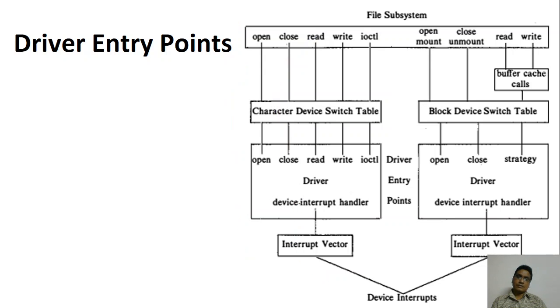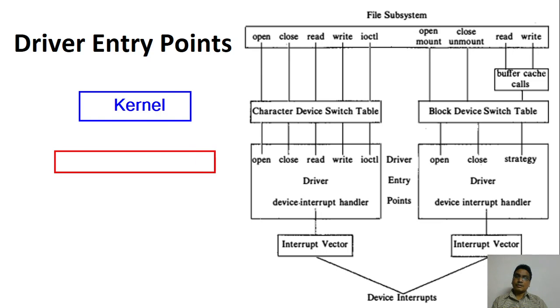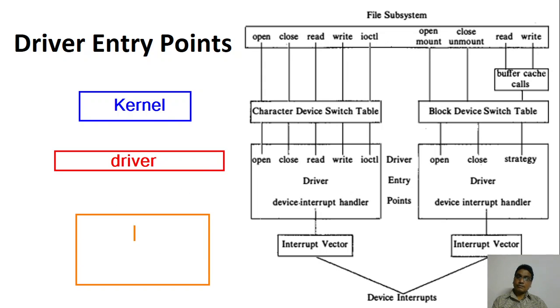So you can imagine that this is your kernel, just a raw picture. This is your kernel, and in the middle you have your driver, and this driver interacts with the devices.